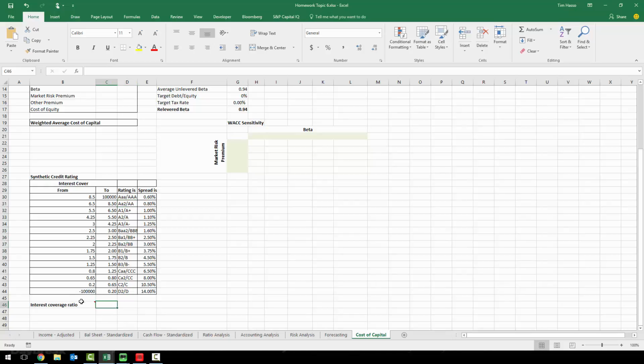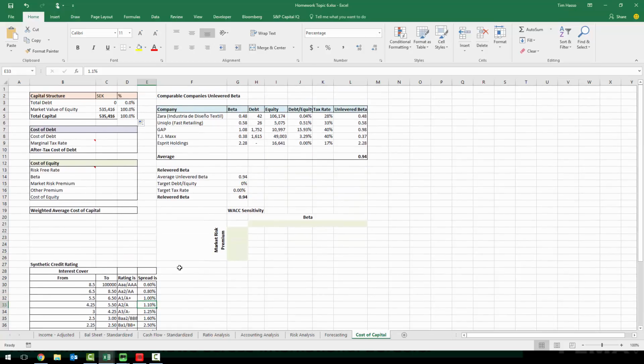If the ratio was 5, then I'd look at interest cover from to 2, so it will be between 4.25 and 5.5. So the credit rating will be A2 or A. These two different credit ratings are because there's two main credit rating agencies, S&P and Moody's. If we had an interest cover of 5, then the spread would be 1.1. So we would take the risk-free rate for the company or the country that they operate in and add 1.1%.